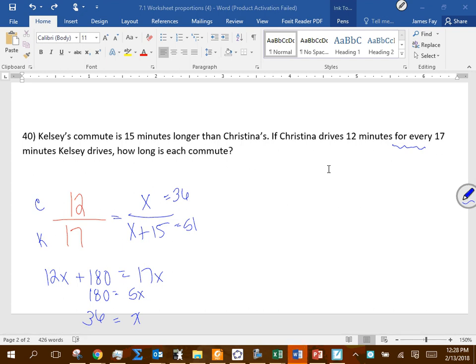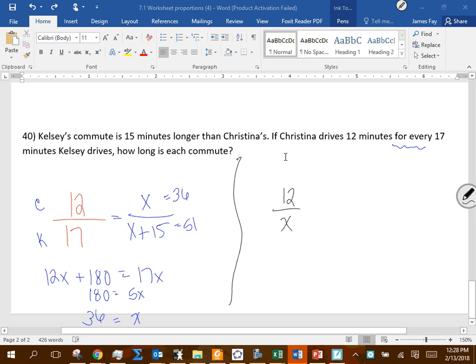Now, some of you may have done this, which is fine. I don't know that reading the description, this would be a proportion that jumps out at us, but we could do it this way. We would say 12 over x. Viewing straight down, that's all the information in regards to Christina. Does that make sense?